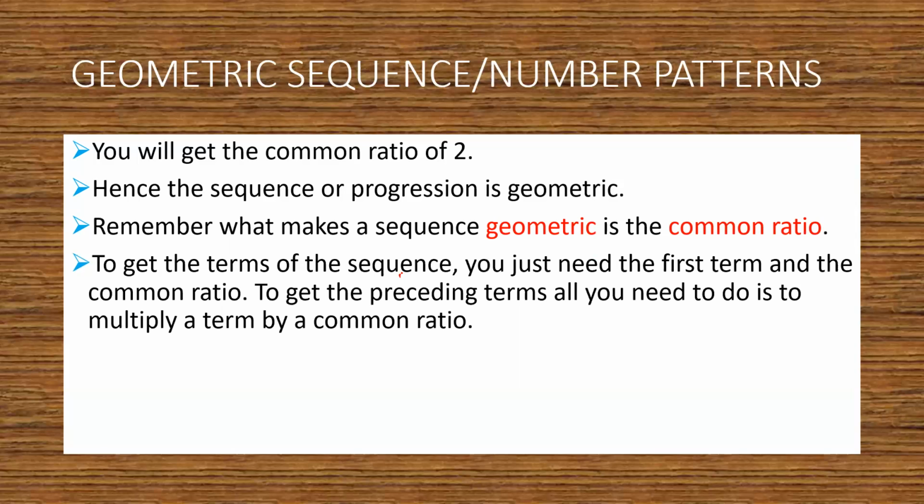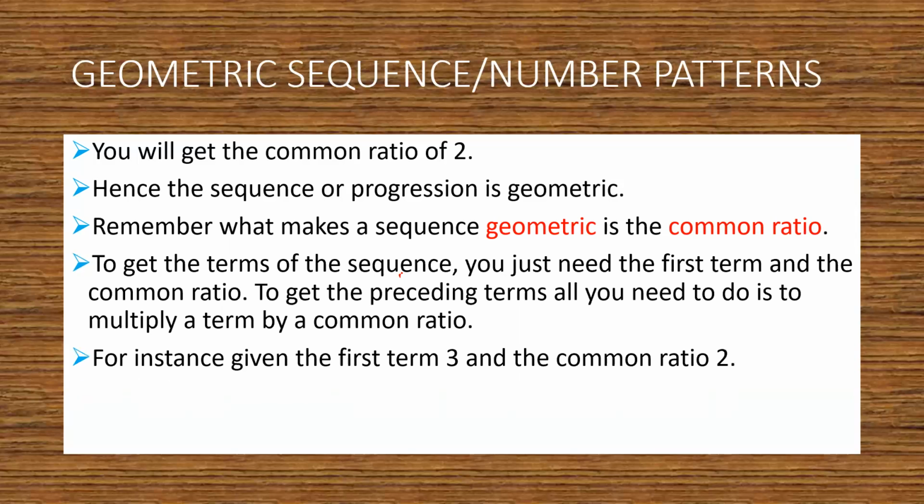Now, to get the succeeding terms, all you need to do is multiply by the common ratio. For instance, given the first term of 3 and the common ratio of 2, how would you get the second term? 3 times 2, right?